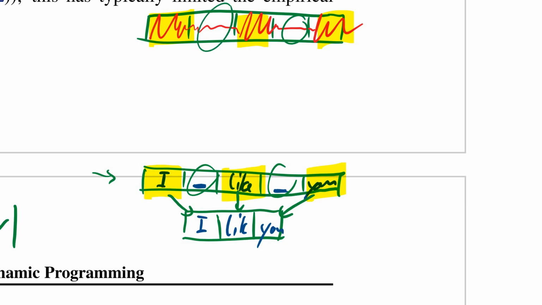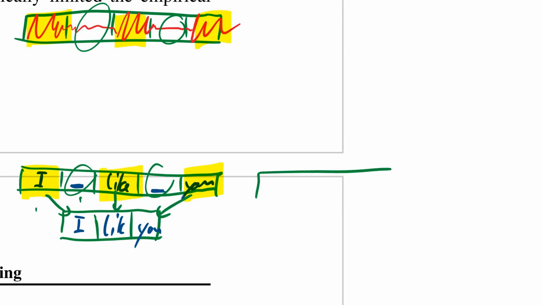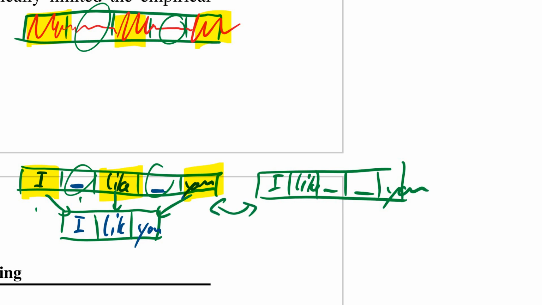Now, it doesn't always need to be that there is one token, then a silence, then a token, then a silence. The task of the Imputer is actually to see whether this is more likely than, for example, I like, and then silence, silence, and then you. So the task of the Imputer is to distinguish these two from each other, and then, of course, also produce the actual tokens.